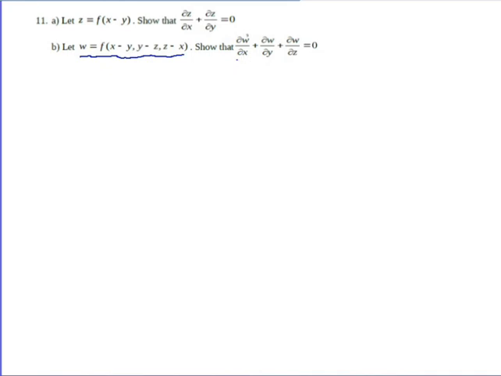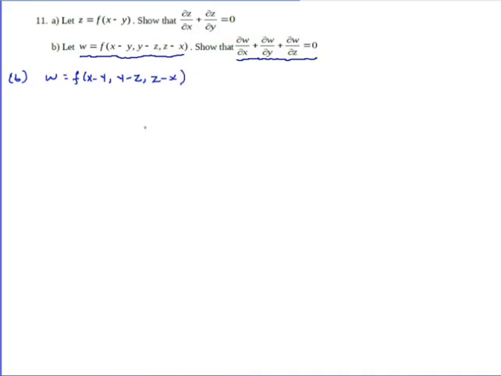Show that the partial derivative of w with respect to x plus with respect to y plus with respect to z is 0. What is given? Here in the B part, w is given as a function of x minus y, y minus z, z minus x.